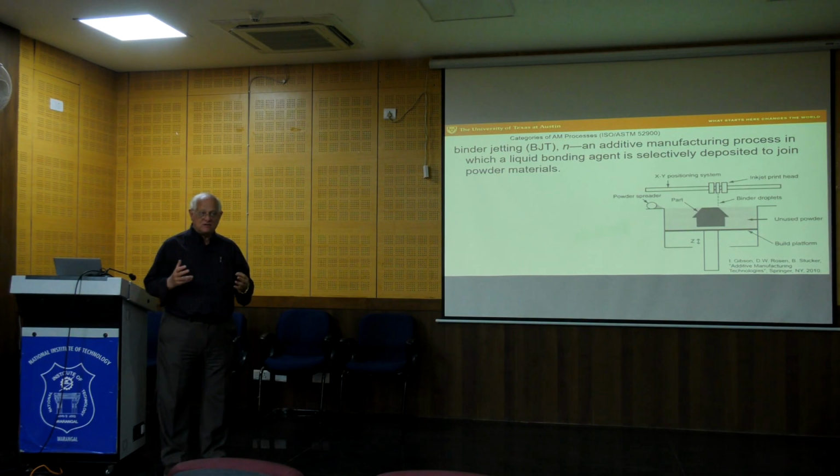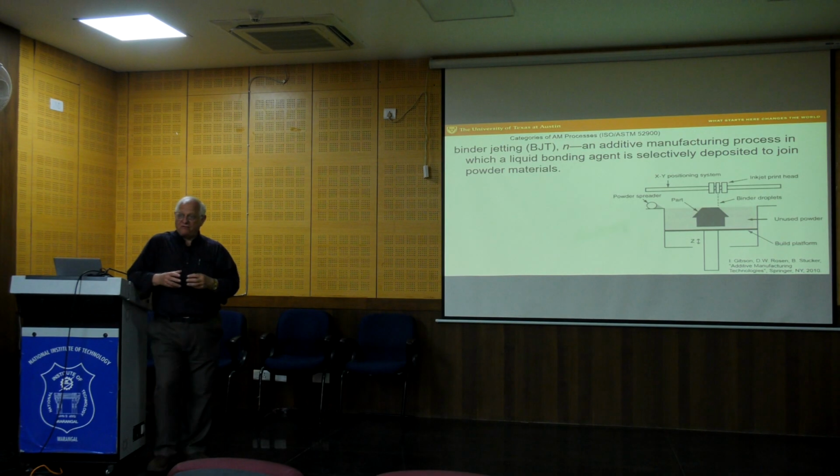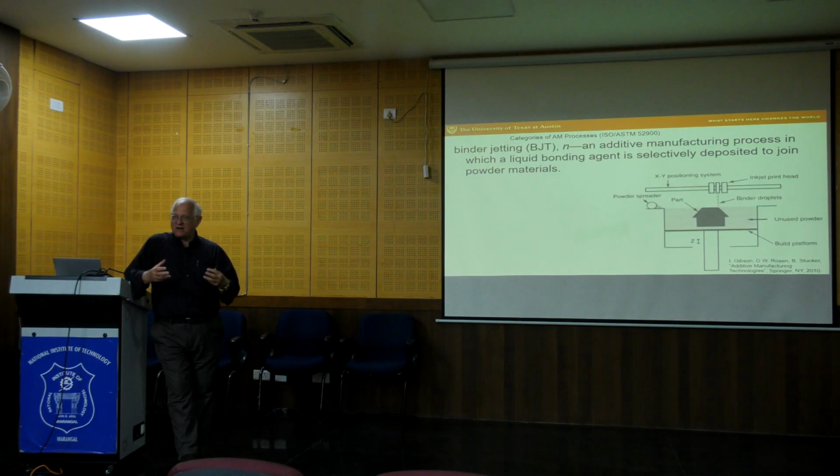The big advantage of this technology is that we can use all of the information and all the experience that we have for doing 2-dimensional printing with inkjet printers. We can use that same kind of technology here because we're simply squirting a binder down from effectively an inkjet printhead into a powder bed.